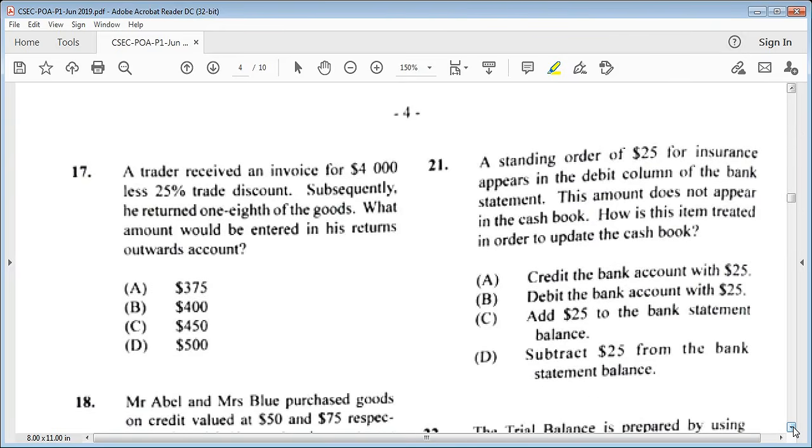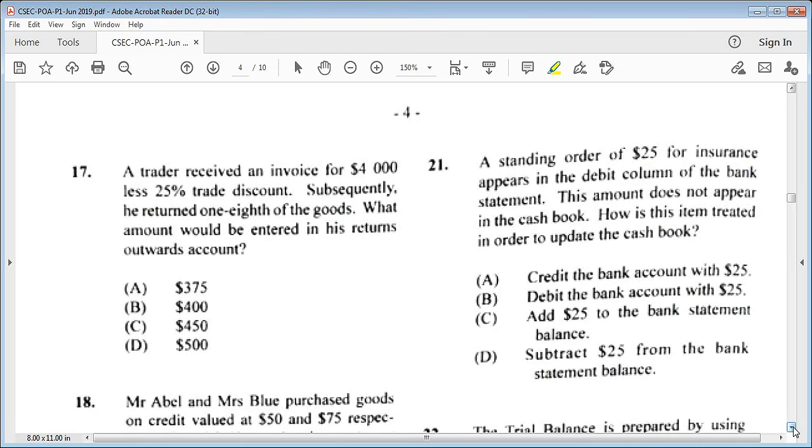17 says, a trader received an invoice for $4,000 less 25% trade discount. Subsequently, he returned 1/8 of the goods. What amount would be entered in his returns outwards account? A, $375, B, $400, C, $450, D, $500.